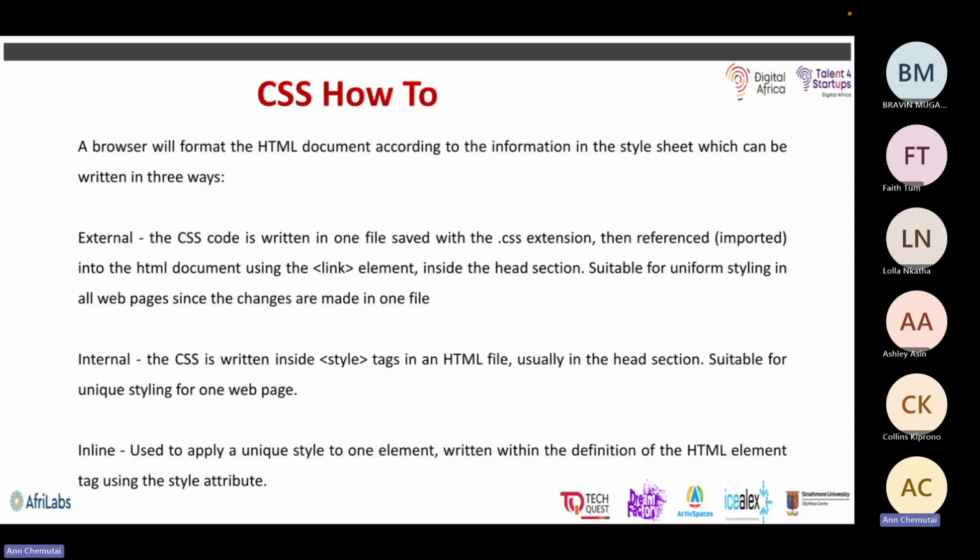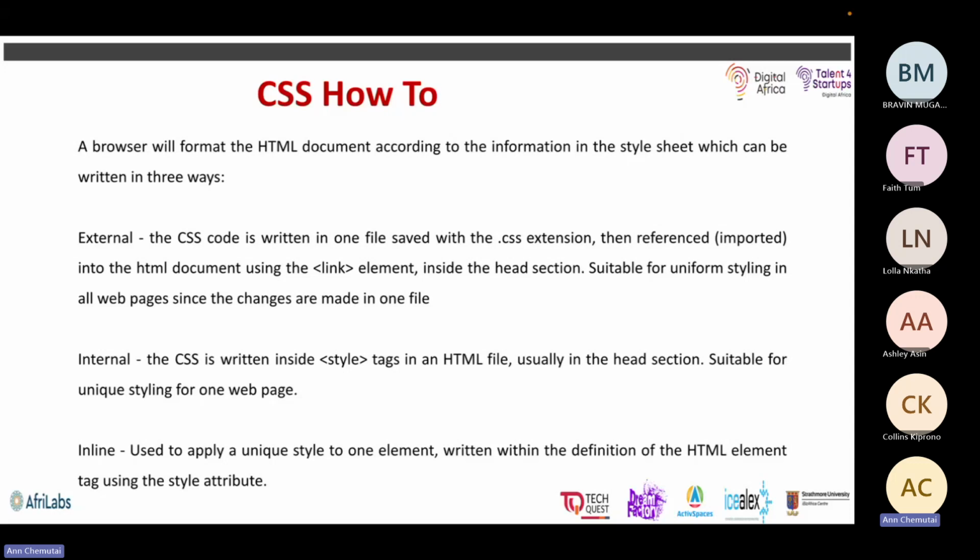So for this document, if you're using, for example, the HTML element selector, where we want all the paragraphs to look the same, all the headings to look the same, it's best to put it in an external document. Then you just import it into each web page and the style will be affected.